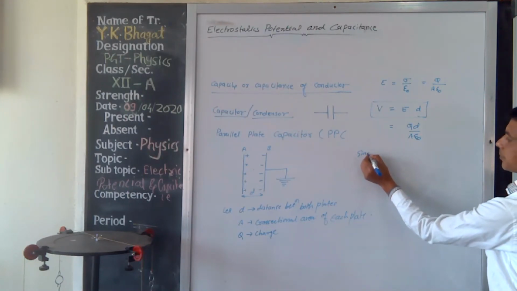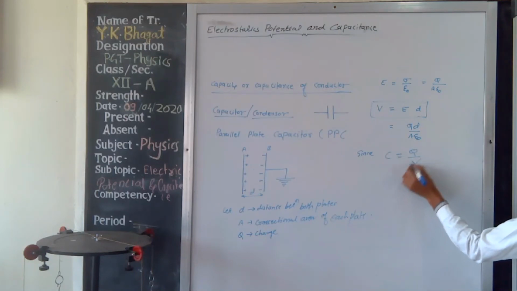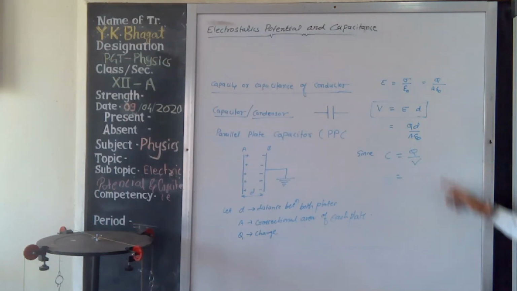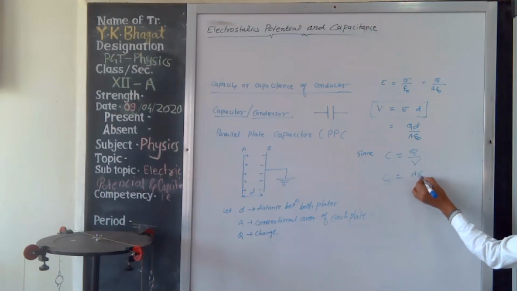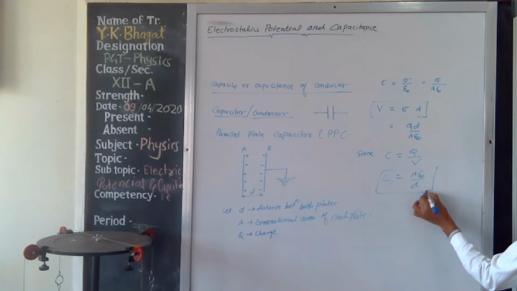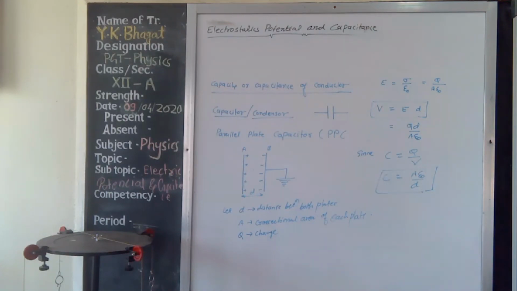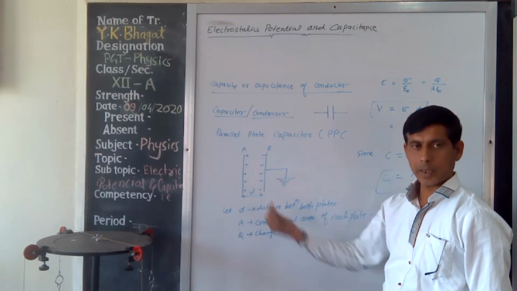Since capacity equal to Q by V, by putting the value of V here, Q and Q cancel, and we get A epsilon naught by D. It is the formula for the capacity of the parallel plate capacitor.